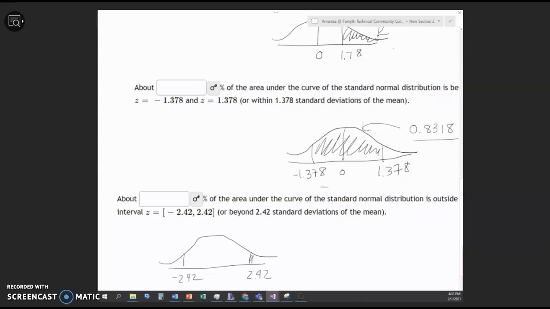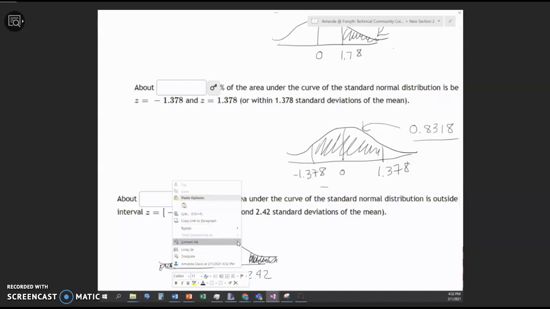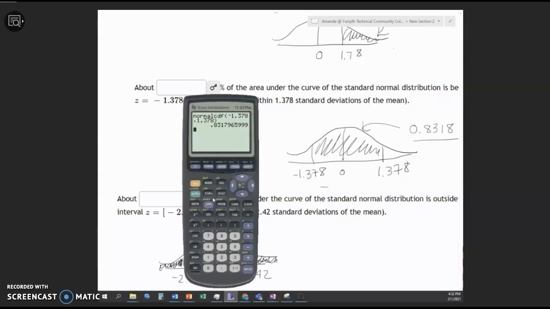But now we're looking for what's outside. If you remember from our probability section, if we're looking for the outside, we can simply find the area in the middle, and we know the area under the entire curve is 1. So we'll find the area between, just like we did on this last problem.